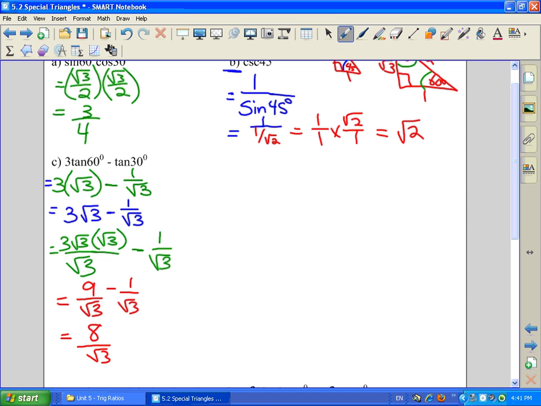Now that's almost complete, folks. You just have to realize that in this fraction, we have what's called an irrational number as a denominator. So we have to fix that. And this is a new thing called rationalizing the denominator.